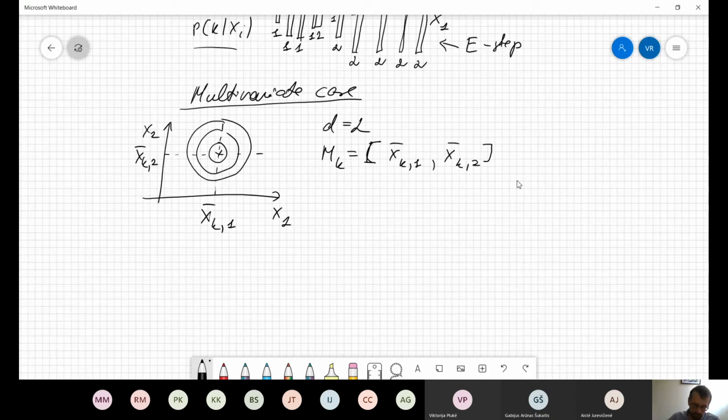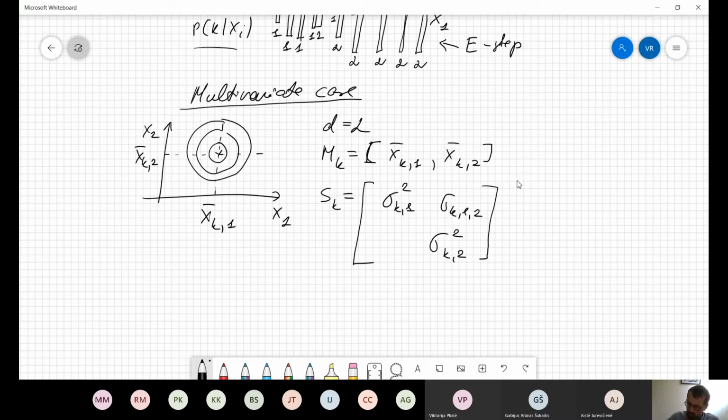And the variance is actually a covariance matrix now. So we have sigma squared k1, which is a variance, sigma squared k2, which is the variance on the other axis, and here we will have a covariance between 1 and 2, and here sigma k between 2 and 1.